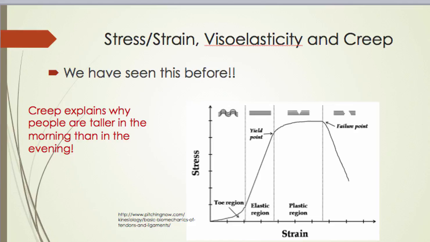All these structures, bones, ligaments, capsule, and muscle, possess viscoelasticity, and that creep is what happens towards the end of that range. So we hold it, and there's a slow stretching of the tissue, and that's a good thing when we want to do therapeutic stretching.